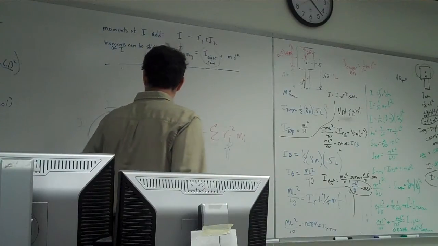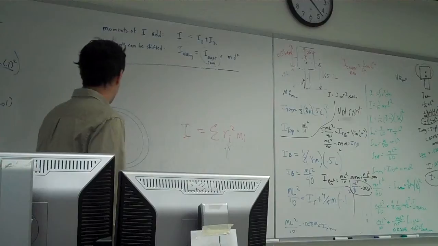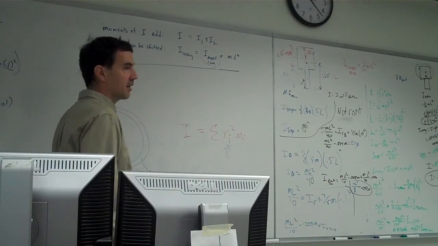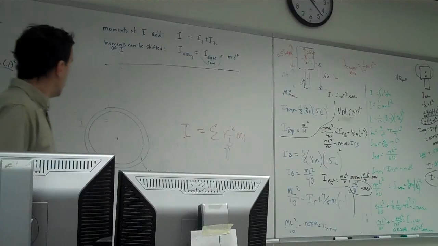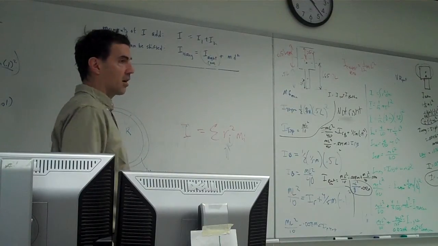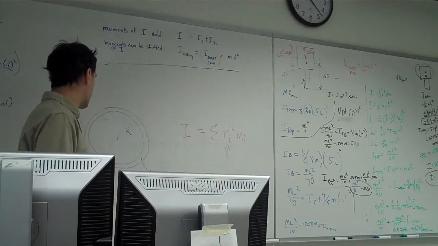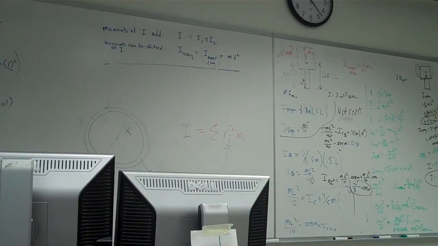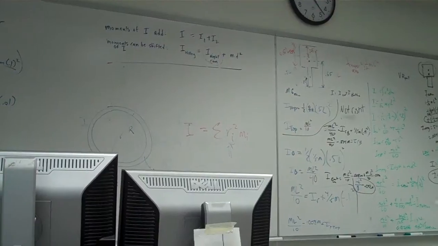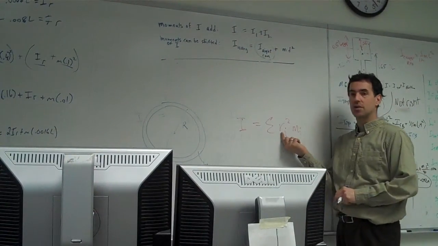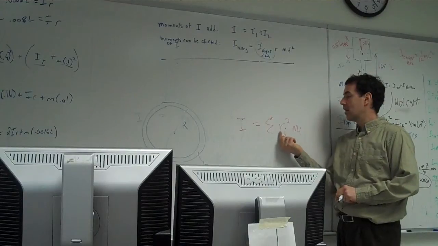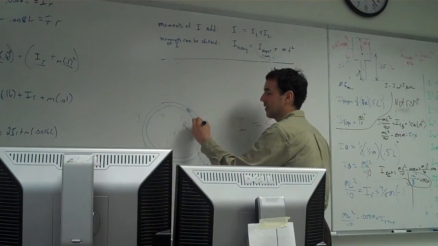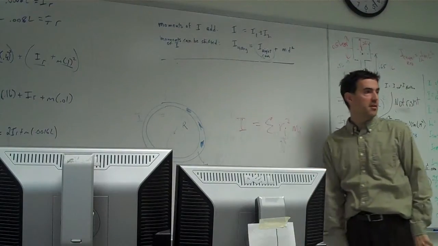Suppose I have a bike tire or a ring of any sort. The total mass of the bike tire is Mt. The distance here is R. What is the moment of inertia of this bike tire? R squared Mt. Yeah. So I'd add up all the individual chunks, but every chunk of mass is the same distance from the center.